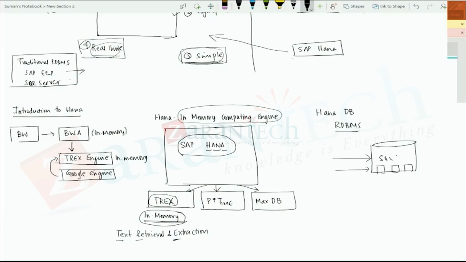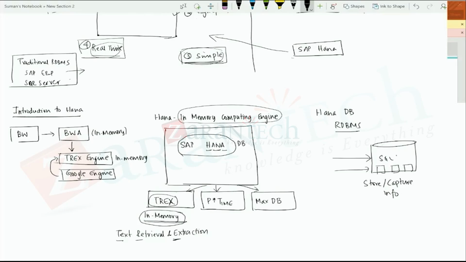To store or capture information is the primary functionality of a database. So even though HANA is praised for its in-memory functionality, it still has a database functionality. So it has to behave like a traditional database.